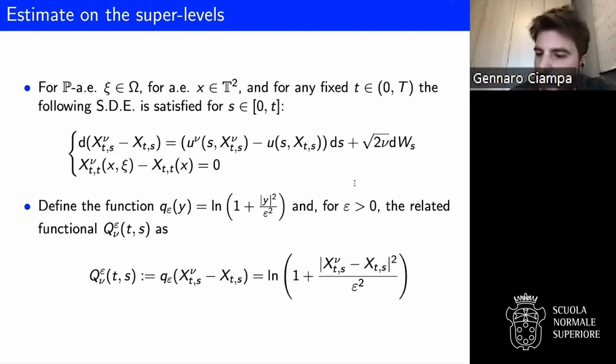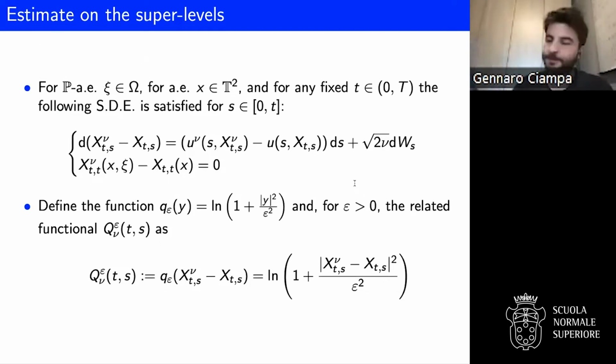And now we will quantify this convergence for the flows relying on an approach which reminds of the theory developed by Gianluca and Camillo for the ODEs, and which was then extended to the stochastic, probabilistic case by Champagnat and Jabin a few years ago.